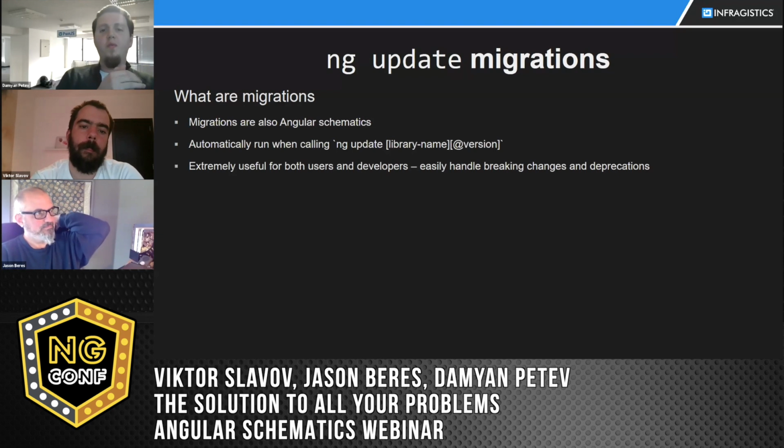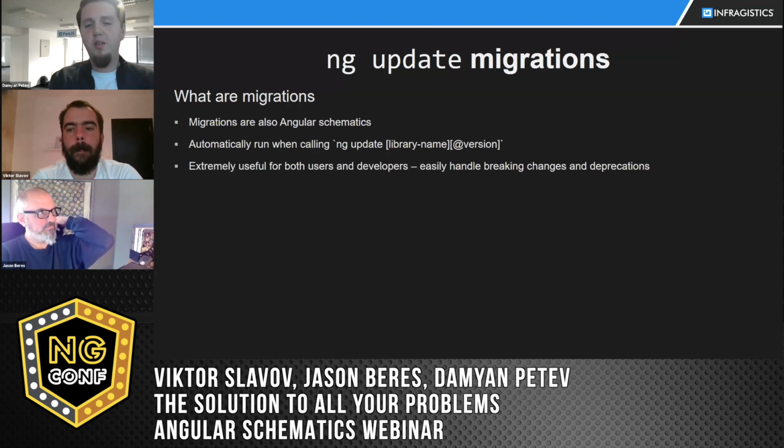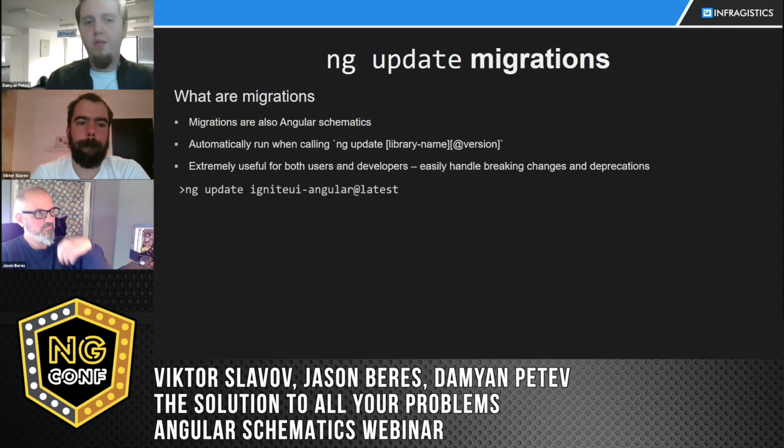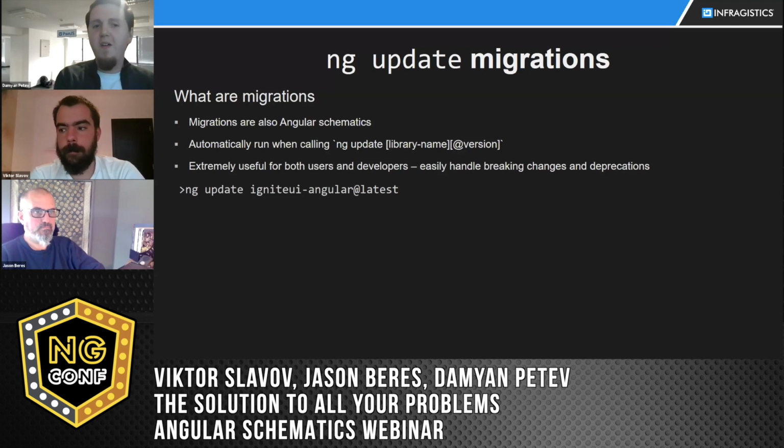So again, those are extremely useful for both you and the people that are using your schematics or library. So we make use of those extensively for one main reason: confidence. It gives us the confidence as developers and vendors for a library such as Ignite for Angular to make changes when we have to, because we can migrate those.